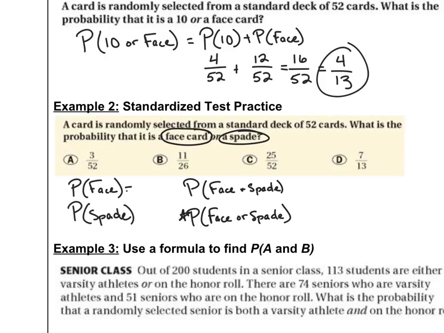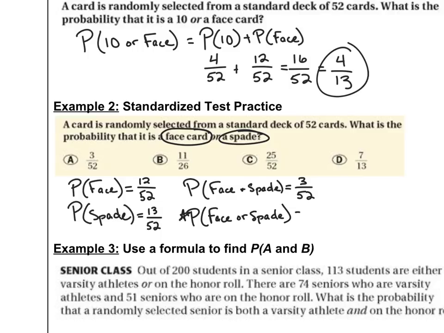Alright, so let's take a look here. Probability of a face card doesn't change. There are 12 total face cards out of 52 total cards. Probability of a spade: there are 13 out of 52. Now, we need to know the probability of a face and a spade. There are 3 face cards that are spades, so we would have 3 over 52.